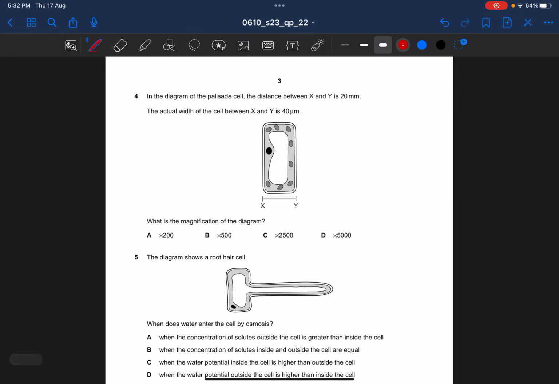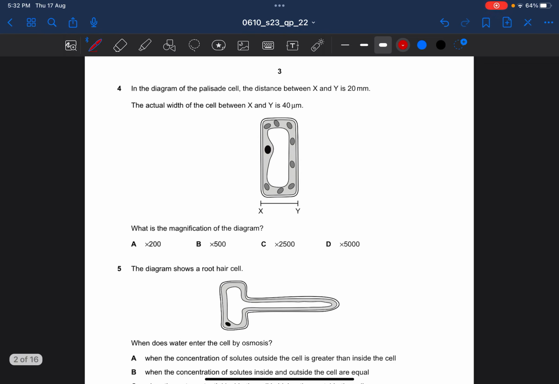Question 4. In the diagram of the palisade cell, the distance between X and Y is 20 millimeters. The actual width of the cell between X and Y is 40 micrometers. What is the magnification of the diagram? So you must use the formula, which is I over A times M. We are given 20 millimeters, so we have to convert this into micrometers. 20 times 1000 would be 20,000.